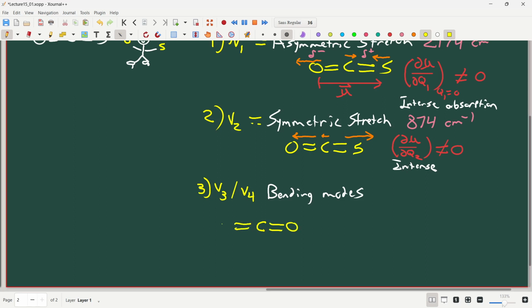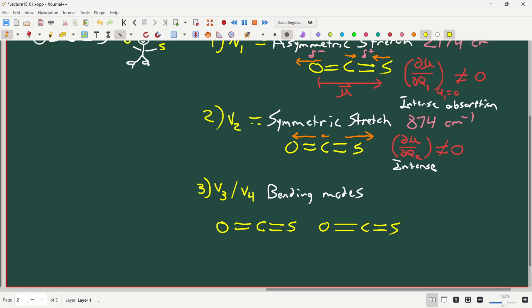And it's not too hard to see why. Oh, let me change my orientation. I apologize. I have the S on the right. Okay, the bend modes are pretty obvious, right? We're going to bend away from linear, right?